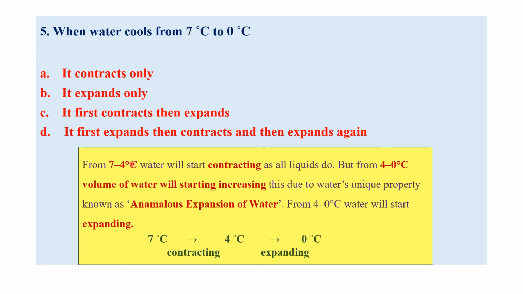From 7 to 4 degrees C, it will contract. Now from 4 to 0 degrees C, it will expand because of the anomalous expansion of water, or anomalous behavior of water. So the answer is clear, it first contracts and then expands.